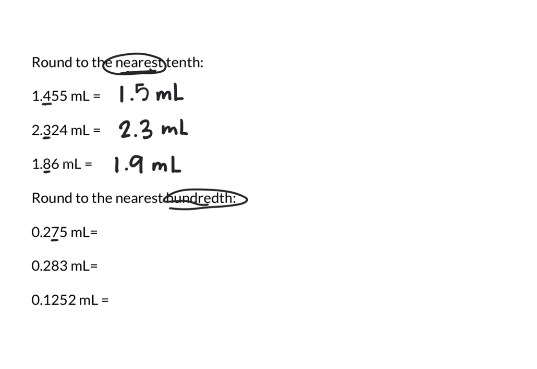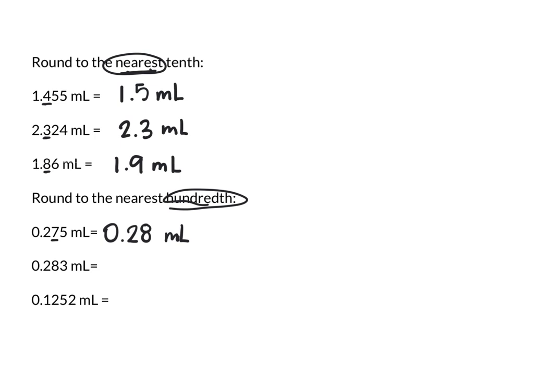That's right there, the second number after the decimal. Then we look at the number just to the right of it again. We see a 5 there. So is that 7 going to stay the same, or is it going to move up? If you said move up, you're correct. And we have 0.28 milliliters as our final answer.